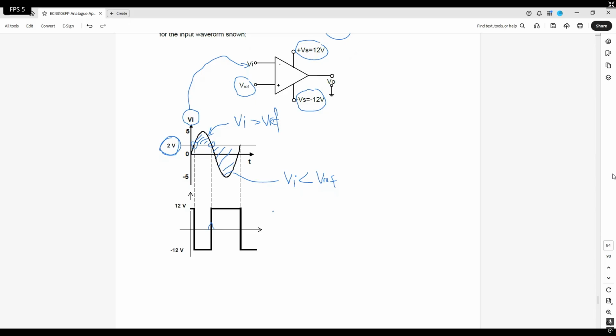Depending on the condition, the output will change accordingly, either positive supply voltage or negative supply voltage, as shown in the waveform here. So when the input is a sine wave, the output is a square wave. We can call it a waveform changer, from sine wave to positive square wave.